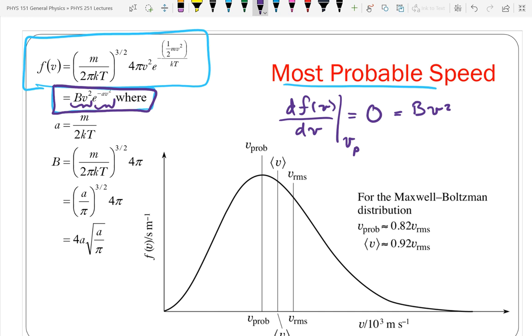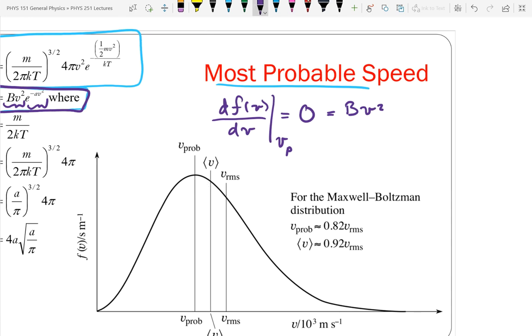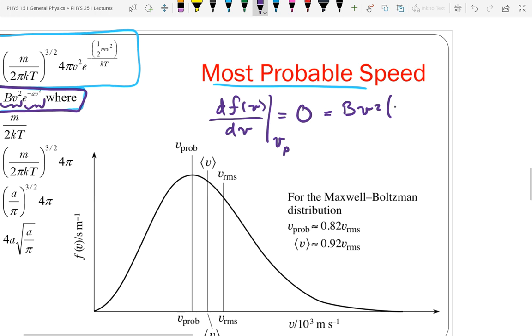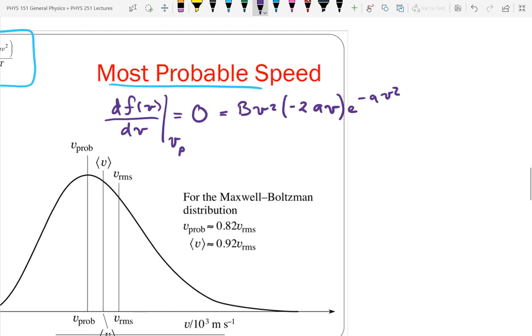E to the minus Av squared times the derivative of the exponent. We have to bring down the derivative of the exponent. What's the derivative of minus Av squared? Minus 2Av. So I have to bring down minus 2Av, and then I have just the exponential again. So there's my first term.